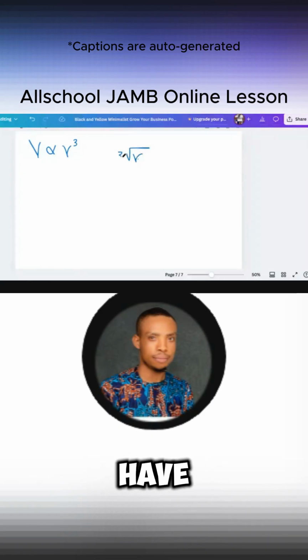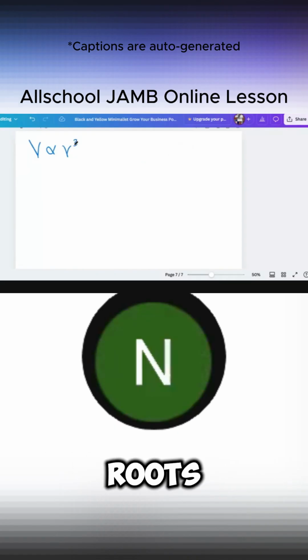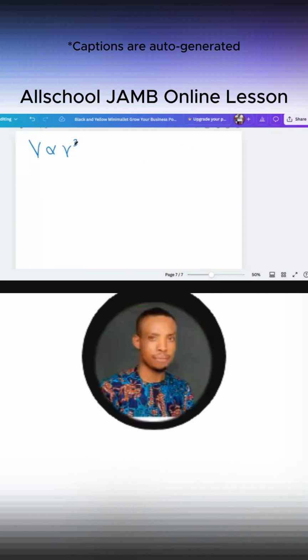That means we have a radius, and there's a difference between cube and cube root. This is cube. So the volume is directly proportional to the cube of the radius.